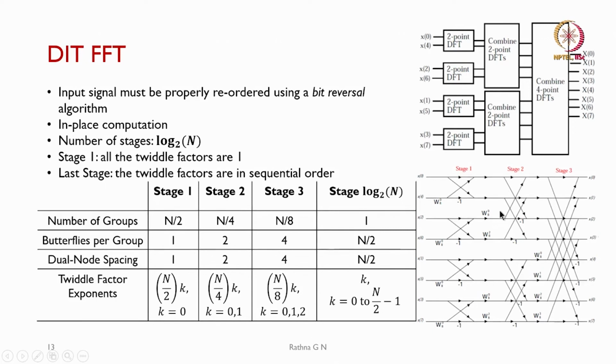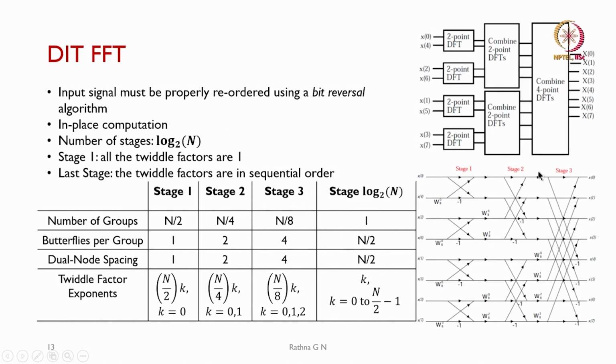So there will be a 2 node difference between the inputs I give to this. In the same way you can calculate everywhere, and in stage 3 the dual node spacing is going to be 4. Something should be striking: it is equivalent to your butterflies per group, so the node spacing is also the same. These two columns are almost repeated. So you will see that this is the first input, and the next input is from the fourth one.